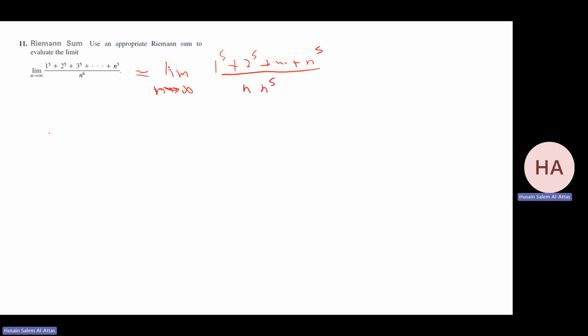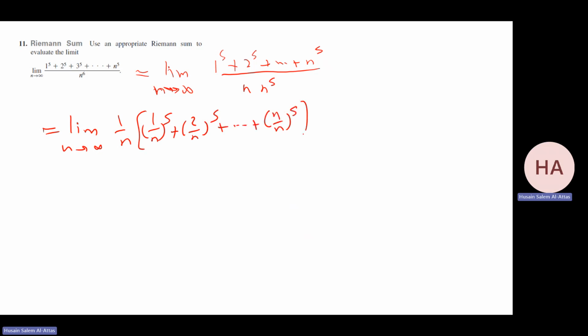So that gives me limit n goes to infinity, 1 over n. The remaining is what? 1 over n to the power 5, 2 over n to the power 5, plus n over n to the power 5. So this limit is 1 over n times summation, i equals 1 to n, i over n to the power 5.